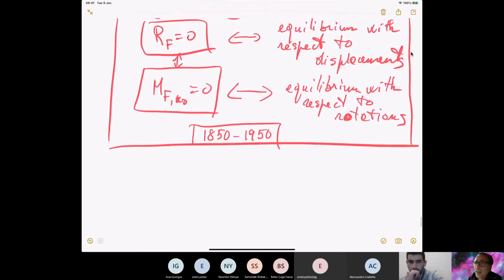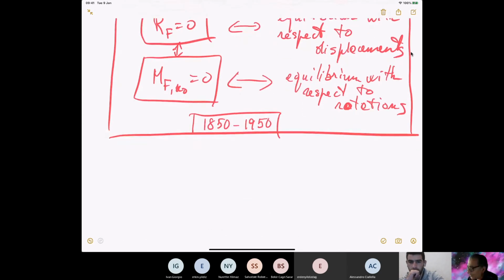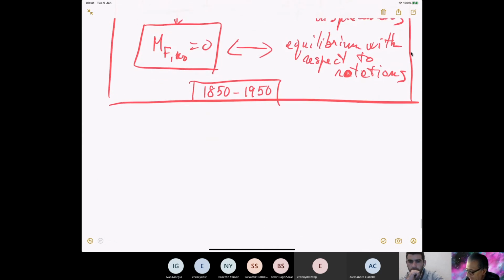Okay. Now, an important warning. We are tired. So, imagine to have a beam. Okay? And imagine that somebody is asking you to solve this problem.